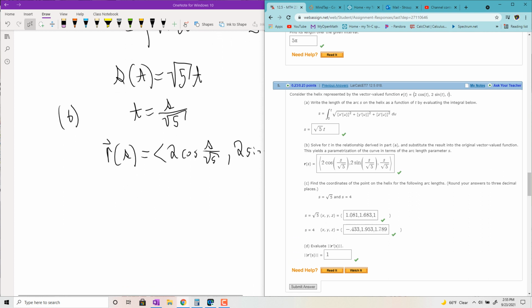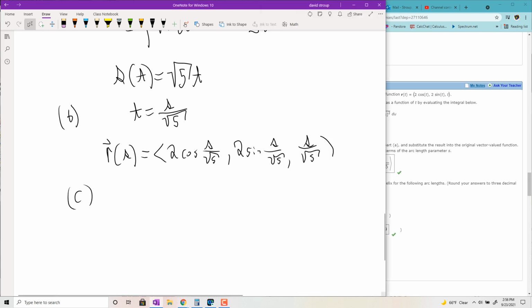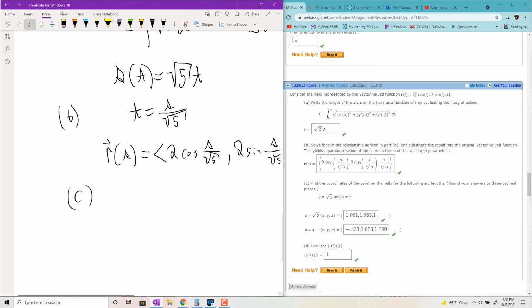Find the coordinates of the point on the helix for the following arc lengths. So part C, s equals root 5, and then s equals 4. Well, this is just plugging stuff into my R of s formula.